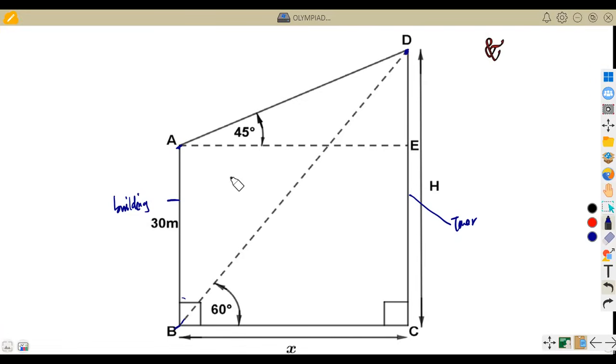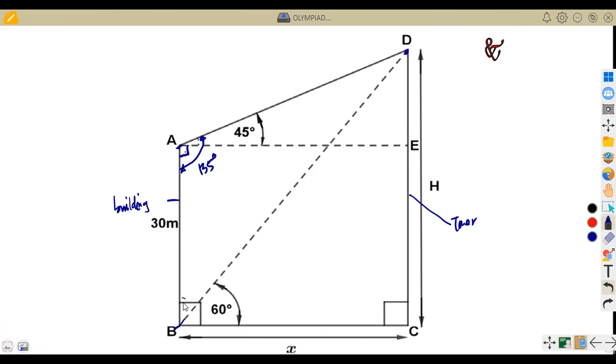How can we calculate this? Let's consider angle A, and let's start by filling in the angles so that we see. At angle A, remember this is a rectangle, so this is going to be 90 degrees, and we've got 45 degrees. If we add 90 plus 45, the whole of this angle is going to be 135 degrees. Then we move on to this point.